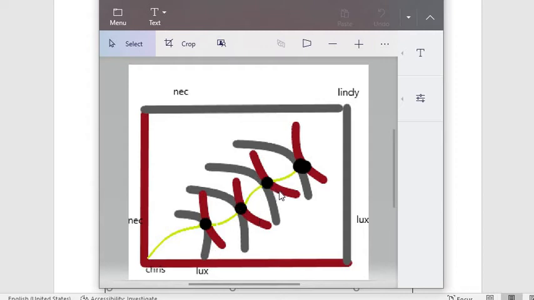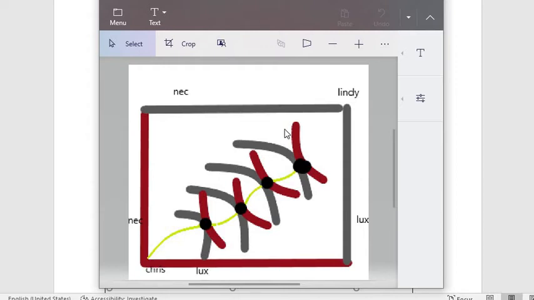And as you know, with your indifference curves, the higher your indifference curve is and the further away from the origin it is, the higher total utility you will receive. So for Chris, he'd get the highest total utility from the combinations of necessities and luxuries here.